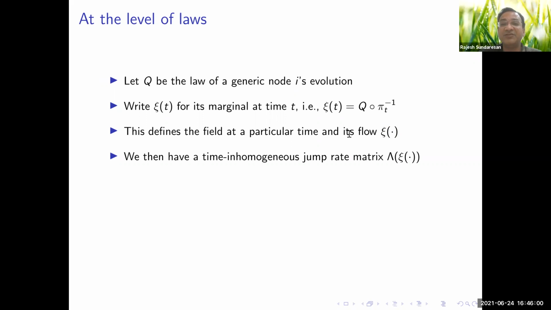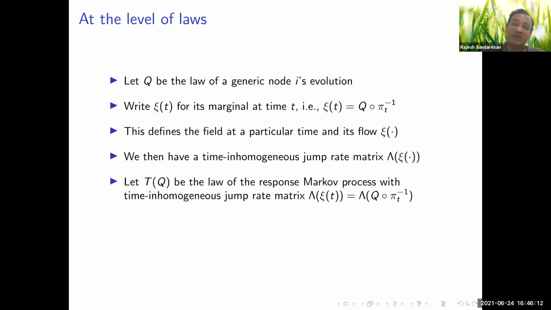So for this, we take the field and get a time inhomogeneous jump rate matrix, which is Λ(ξ dot). And we look at how a particular particle will respond when the time evolution is governed by these jump rates. So the T of Q will then be a Markov process. It's a response to Q. It's a response to Q through this measure valued flow.